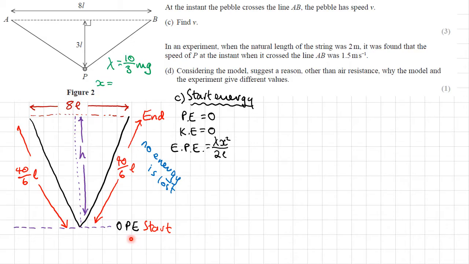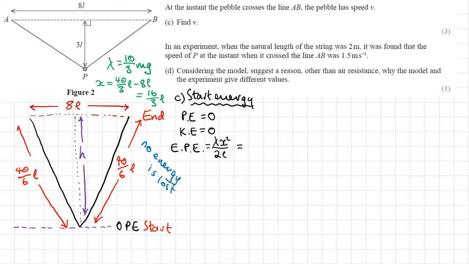The extension of the string is going to be what it's been stretched to, which is 40 over 3L minus 8L, that's its natural length, and that gives 16 over 3L. So now we can start putting these values in.